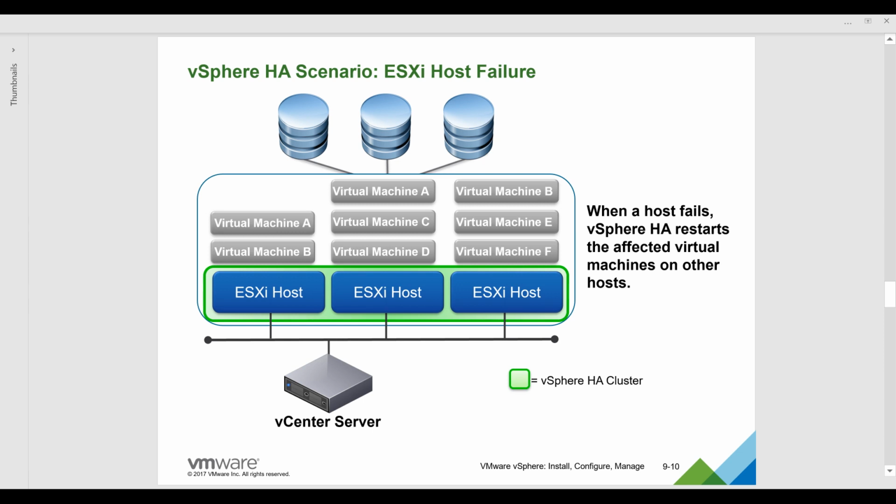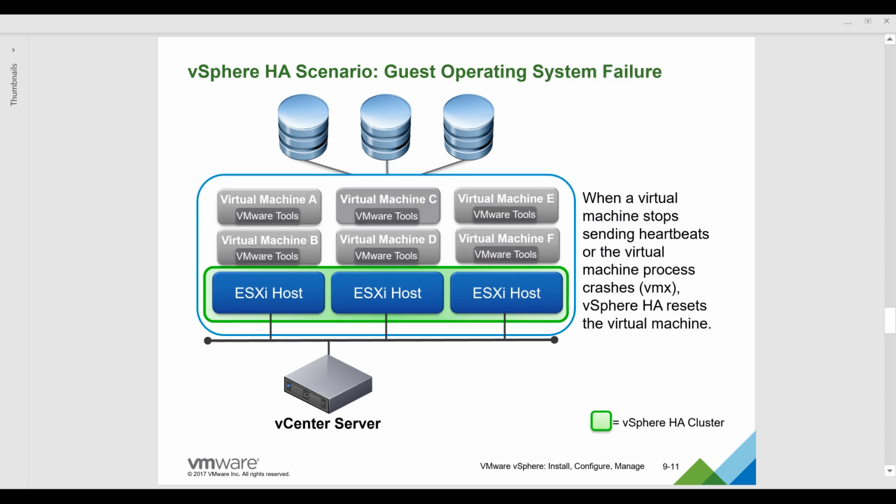So let's talk about what happens in a host failure. Like I said earlier, HA restarts the VMs from the failed hardware on other hosts. Let's say maybe our problem's not hardware, maybe it's something in Windows, the guest operating system running on the hardware.